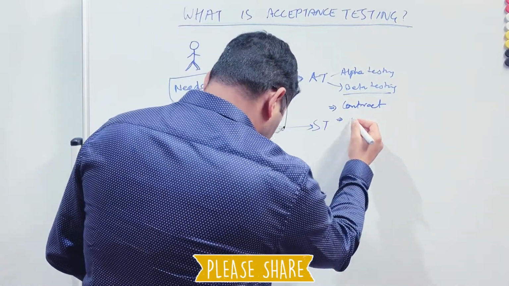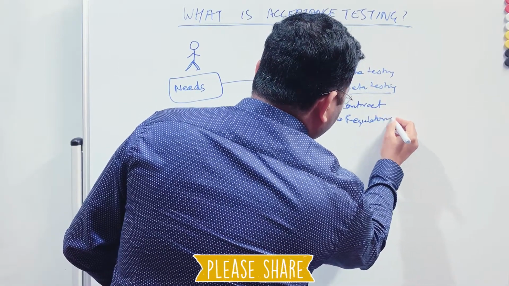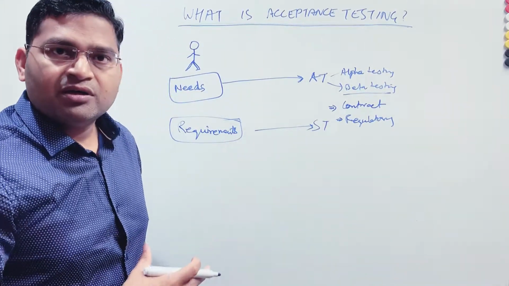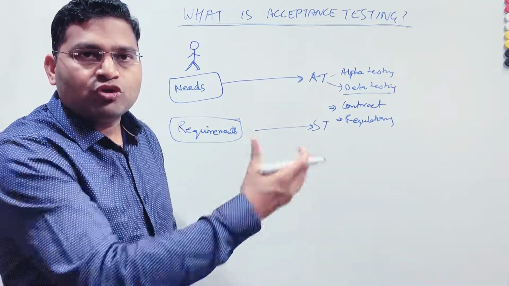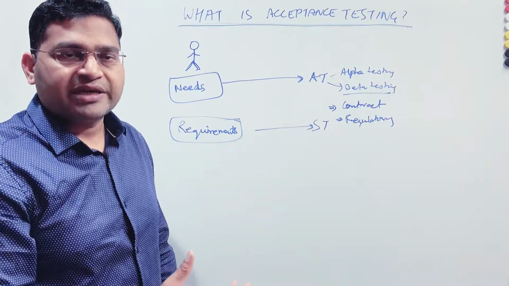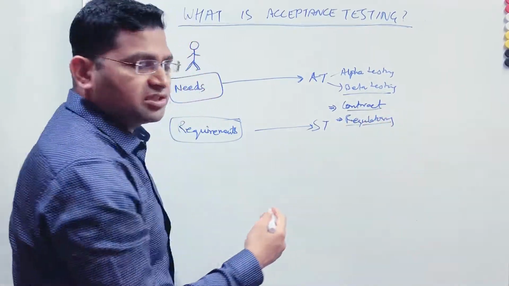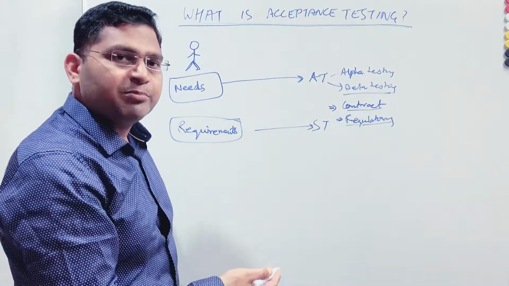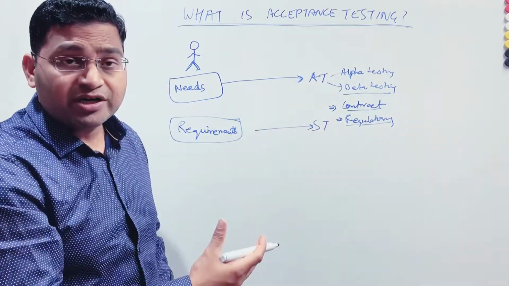Similarly, if there is any regulatory obligation, say this particular software needs to meet certain regulatory standards, for example you're launching the software in Europe and you need to follow certain regulations there, those details need to be verified in the acceptance testing phase, whether they have been met or not in the software implementation.